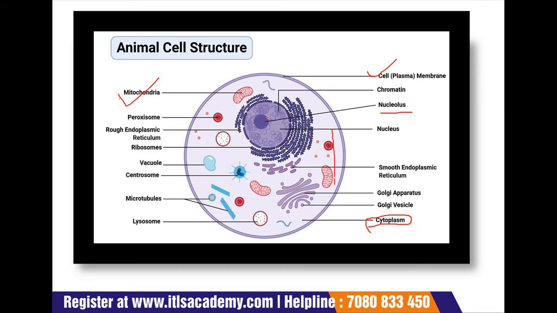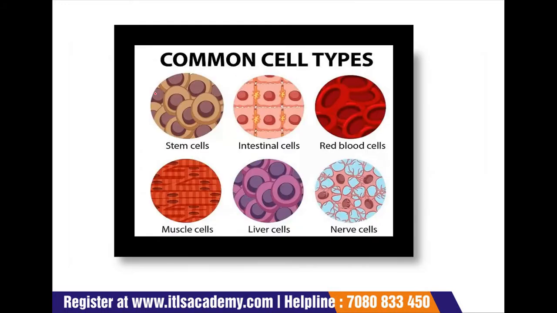In this picture you can see different common cell types: stem cells, intestine cells, red blood cells, muscle cells, liver cells, and nerve cells. Complex animals such as humans have a variety of different cell types, each looking and functioning very differently.